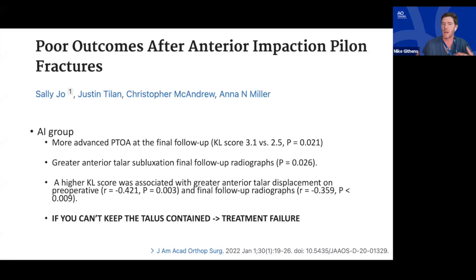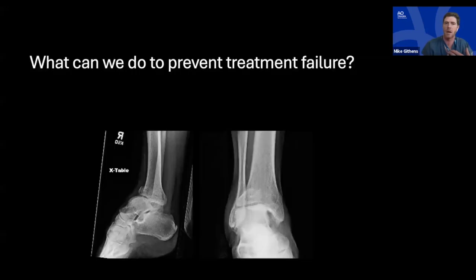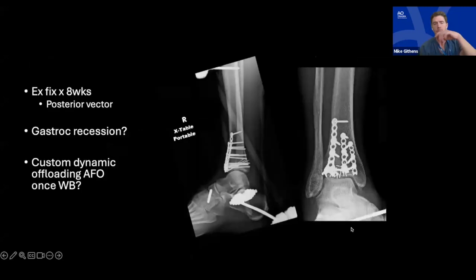So what that does is it puts the onus on us as surgeons to say, okay, this is a different beast, right? These anterior escape pilons are different beasts. So how do we think more specifically about addressing the potential pitfalls of this injury in order to optimize patient outcomes in regards to preventing anterior escape of the talus from the plafond?